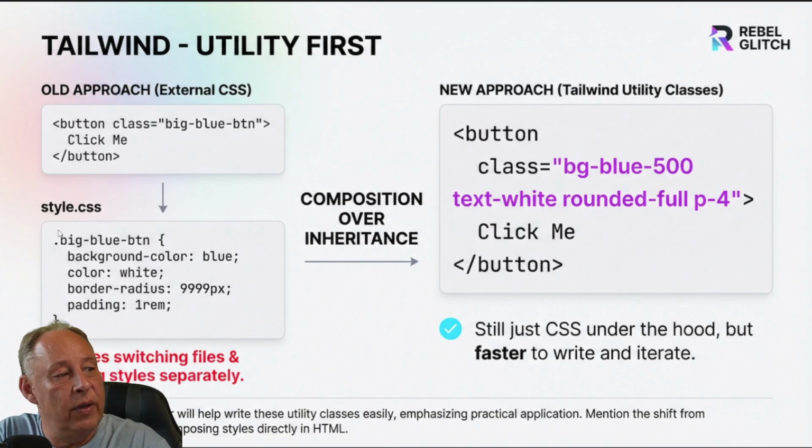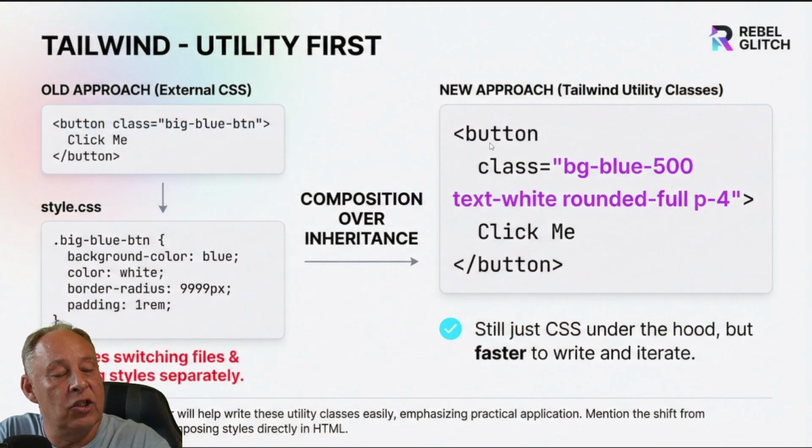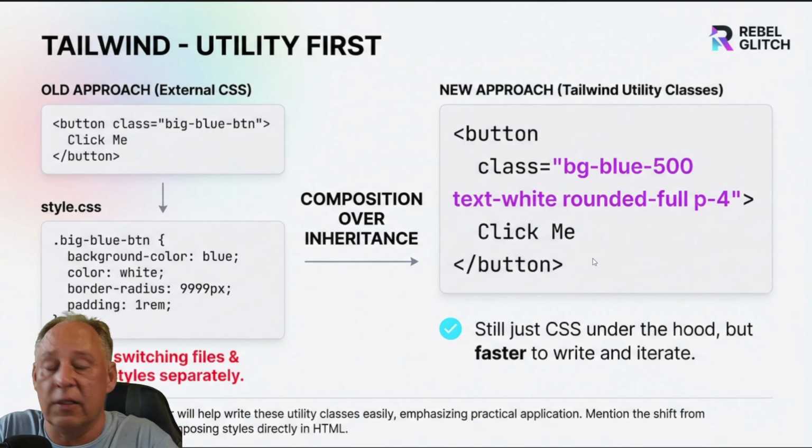You can see here that you have this whole style sheet with all kinds of entries in it, where you now can just say inside the button class and put it all in there in a much easier fashion. Now, you don't have to worry about how it works or how to do it in coding.